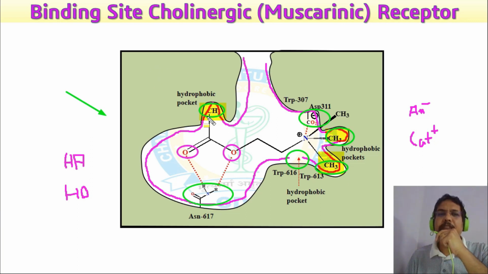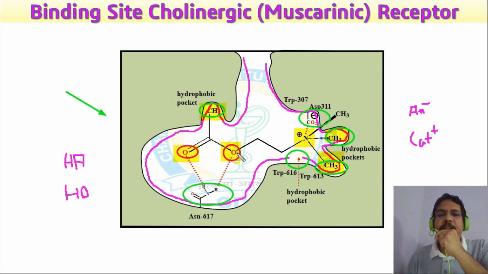So ultimately, when we look at the receptor, it suggests that there should be a cationic portion on the ligand, there should be a hydrogen acceptor on the ligand, and apart from that some complementary hydrophobic groups or moiety, and generally these are located in three-dimensional space.